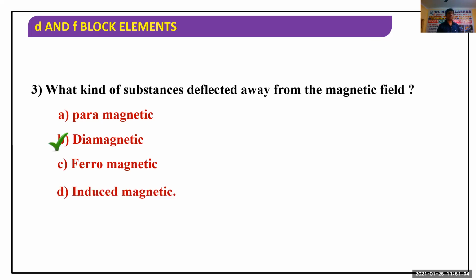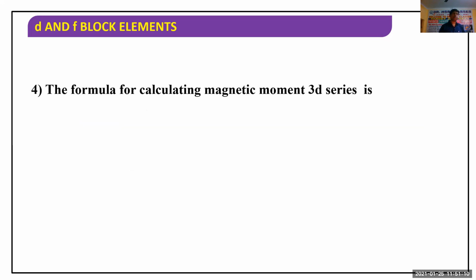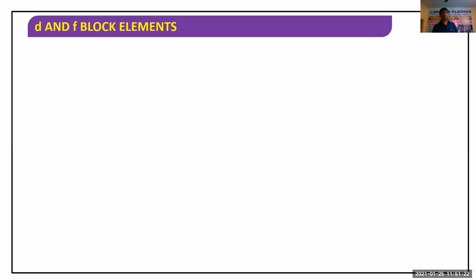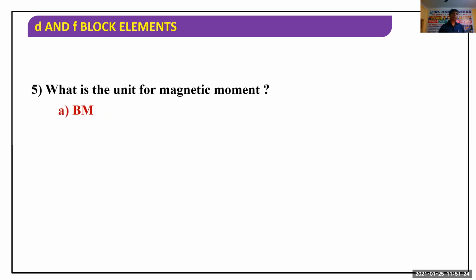That is diamagnetic. The formula for calculating magnetic moment for the 3d series is root over n into n plus 2. What is the unit of magnetic moment? That is BM, Bohr magneton.